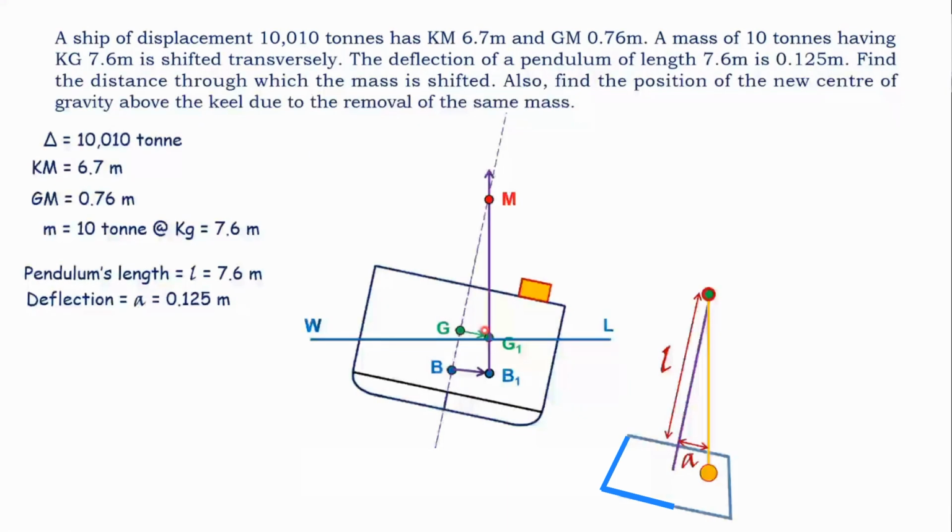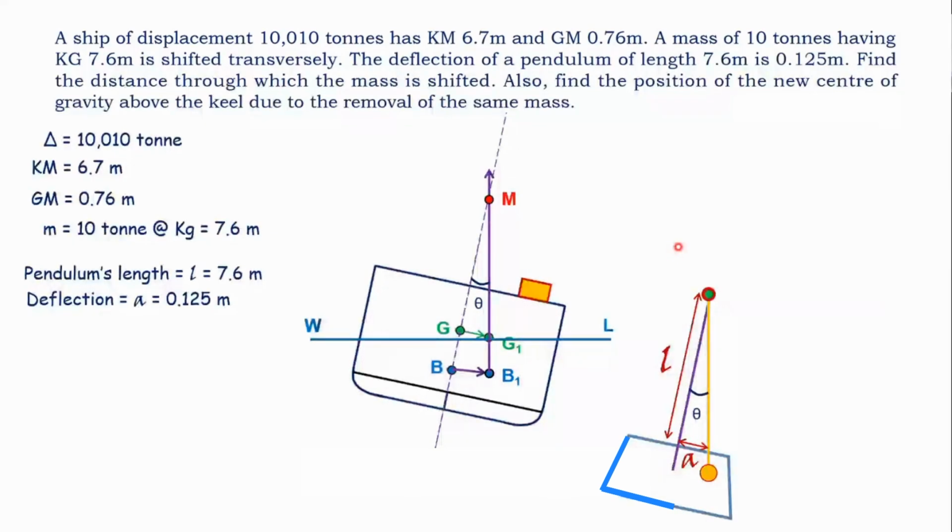Here, small a is the deflection noticed at the base of the pendulum. Small l is the length of the pendulum. These two parameters will help us to determine tan theta, where theta is the angle of list.